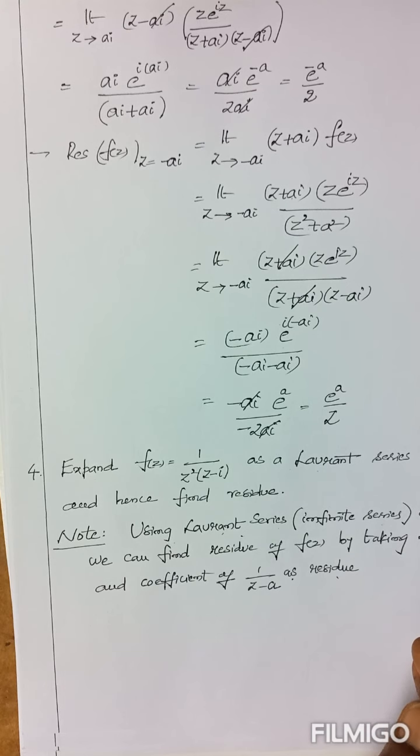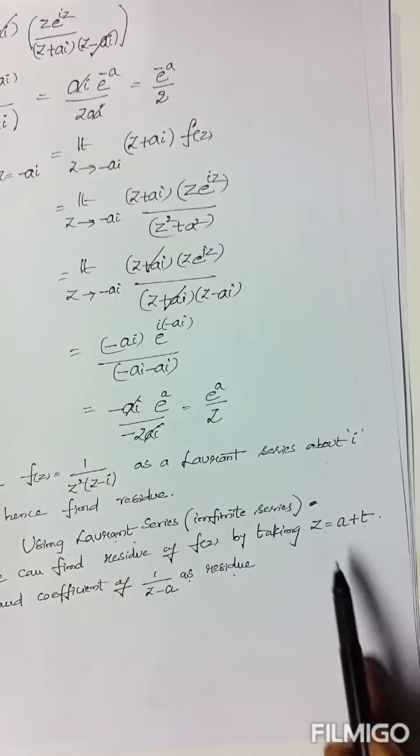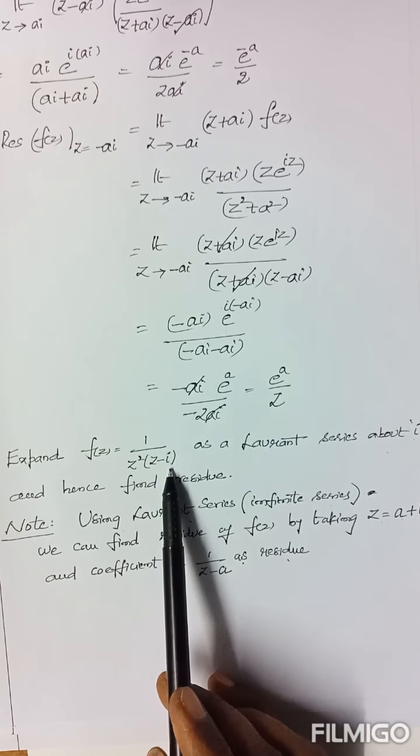Before expanding this, we have to substitute z equal to a plus t, that is, z equals i plus t. So this is the rule for finding the residue with the help of a Laurent series. Once again, f of z equals 1 by z square into (z minus i).